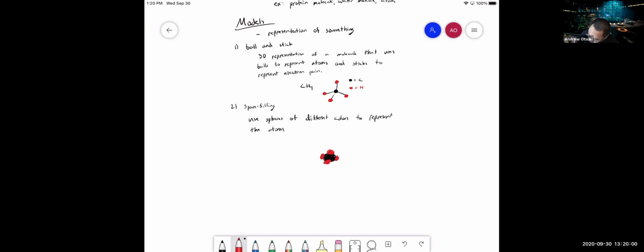Essentially, that's the same picture as the one above it, except we don't show the bonds as electron pairs. So those are two ways that atoms and molecules are represented on the internet.